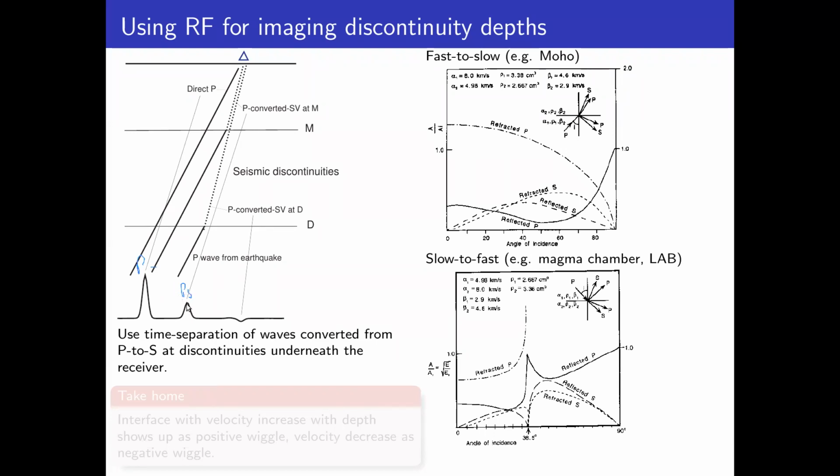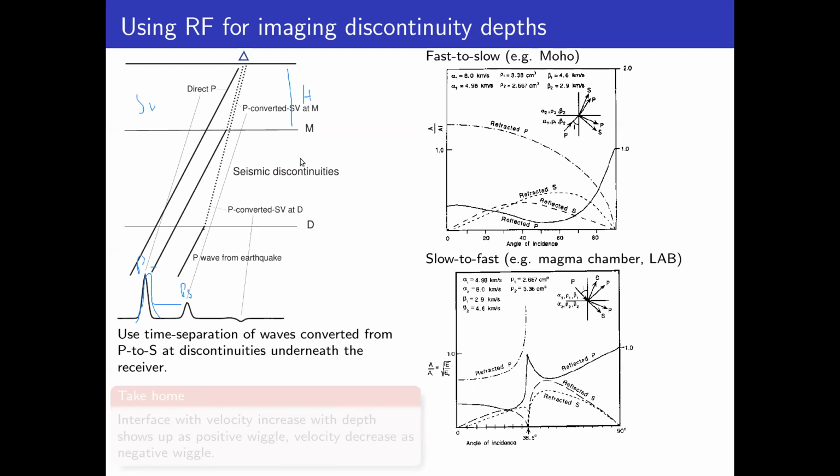So this is the PS time. This is the time difference between the direct P arriving and the PS arrival, and we use this time difference to constrain the layer thickness. So we can map the discontinuities, and then we'll use the amplitudes to constrain the velocities.